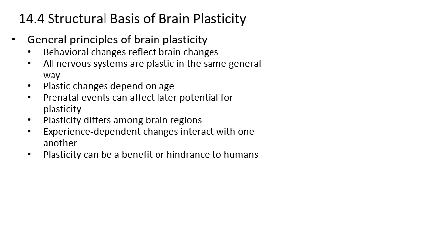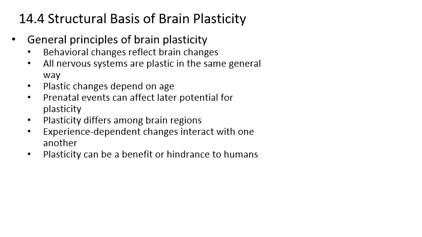Prenatal events can affect later potential for plasticity, so adverse prenatal events, as well as exposure to neurotoxins, can affect the ability of the brain to be plastic later on. Plasticity differs among brain regions, so we talked about how the hippocampus has a high potential for plasticity, whereas other areas of the brain are less likely to change.